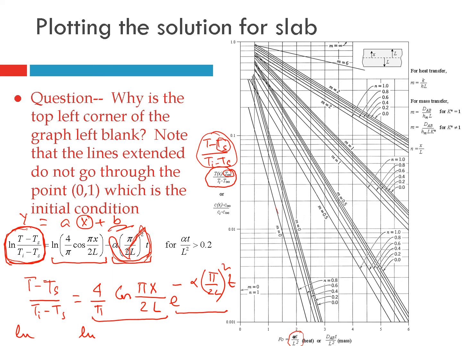Okay, and what are these used for? These are called the Heisler charts. In the days gone by, when computation was harder to do, people just used these charts and read the values. Now you notice that for a given time, if I want to read the temperature, it depends on what position, right?